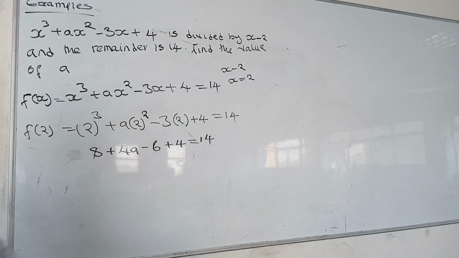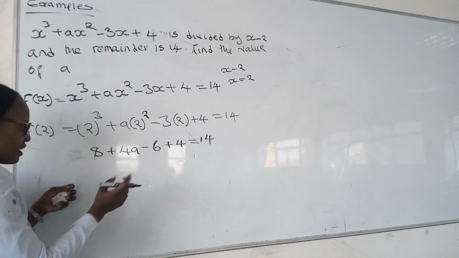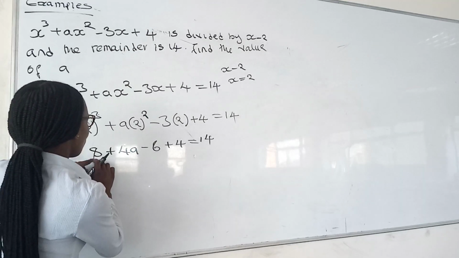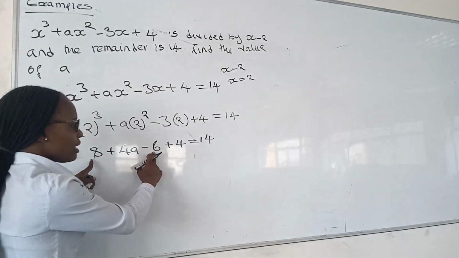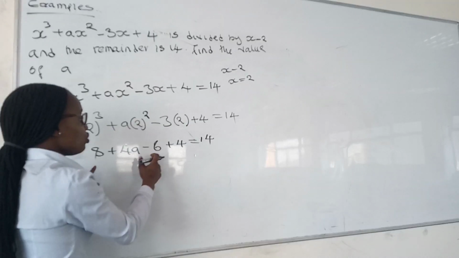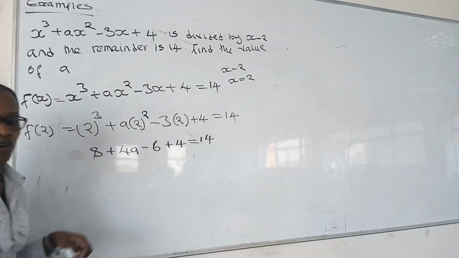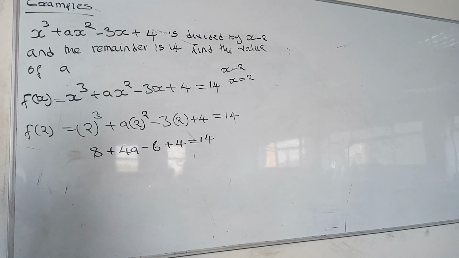So if we have such, what does it imply? Look at this. 8 minus 6 gives us 2, right? 2 plus this 4, which we have, gives us 6, right?